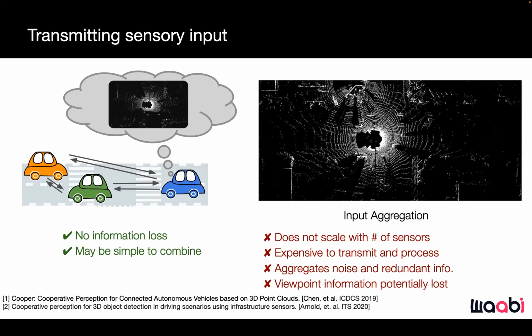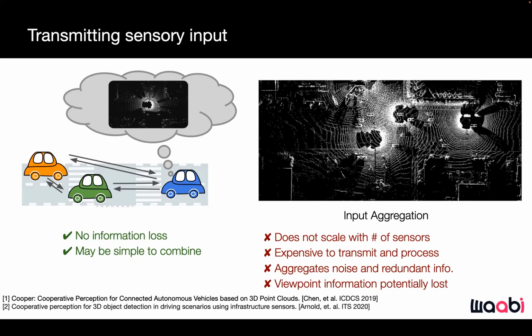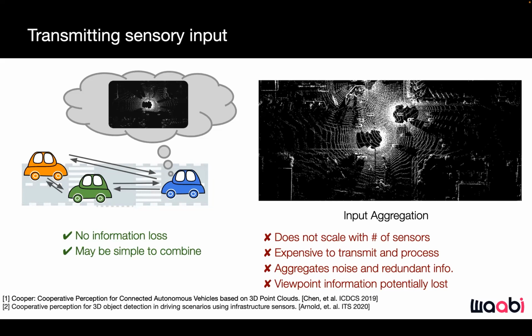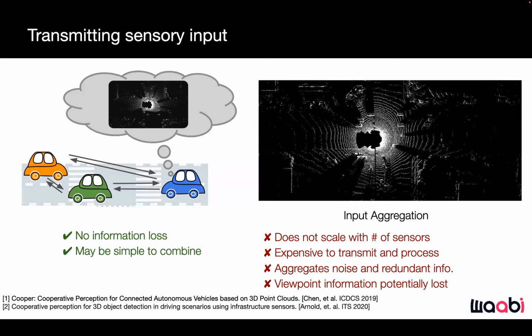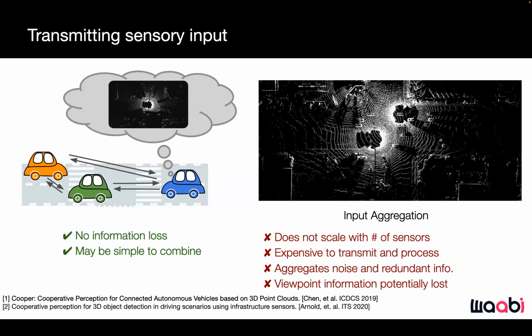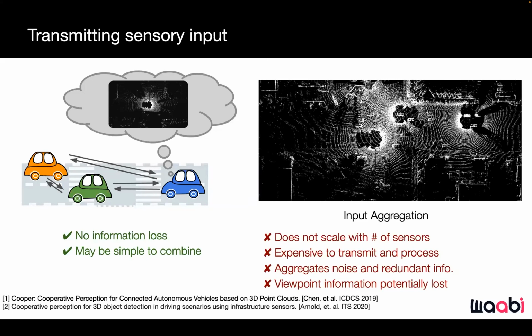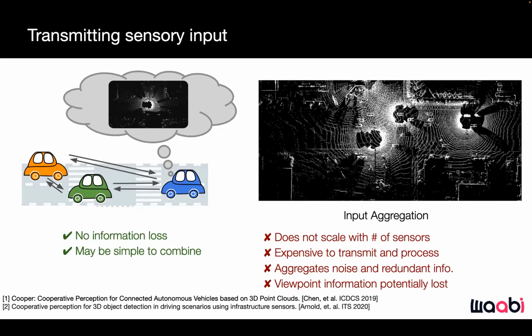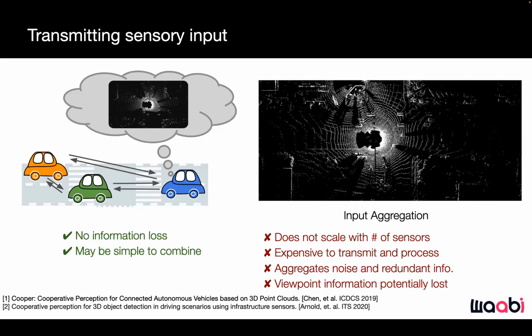Now, some of the downsides of this approach is that you can imagine if you have, say, a vehicle with 5 LiDAR sensors and there are 5 other vehicles in the scene, the amount of points that you have to process becomes huge. So it's going to take a large amount of time to send those point clouds to the ego vehicle, and it takes a lot of time to process those point clouds. Additionally, point clouds have noise, as do other sensor modalities.